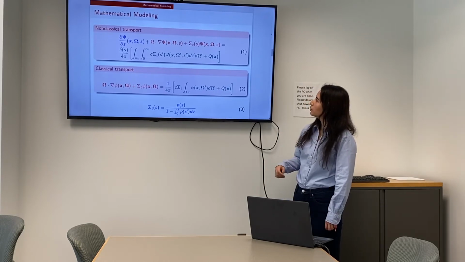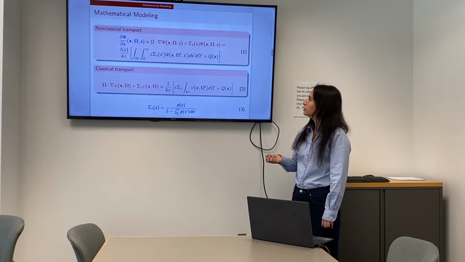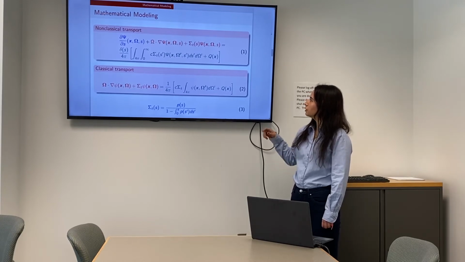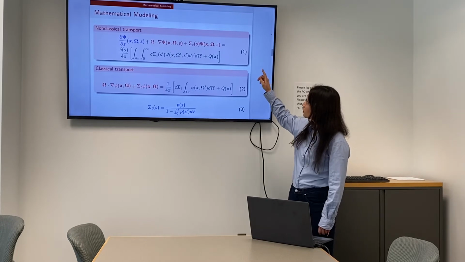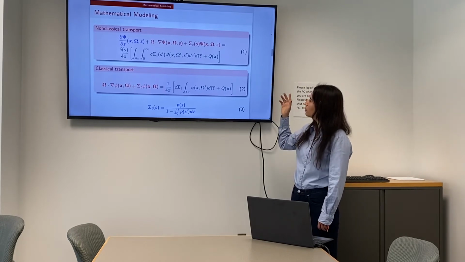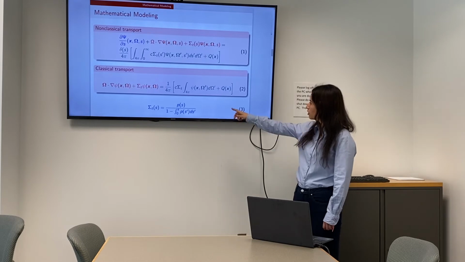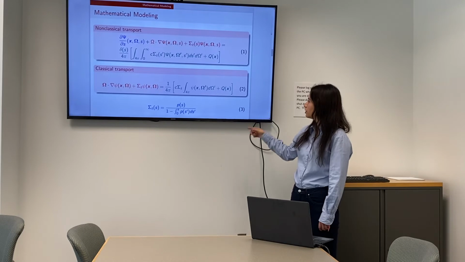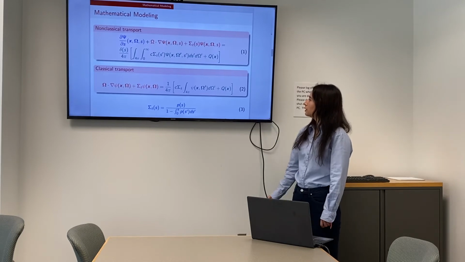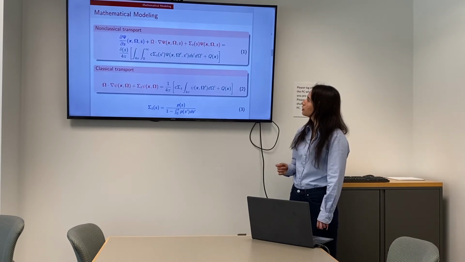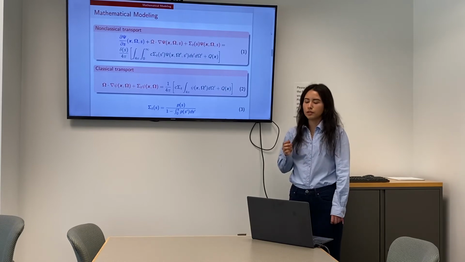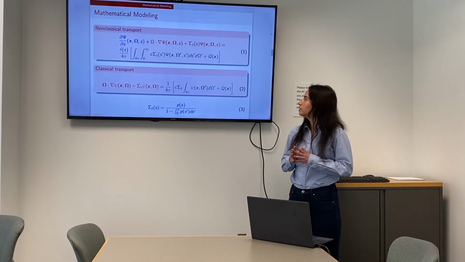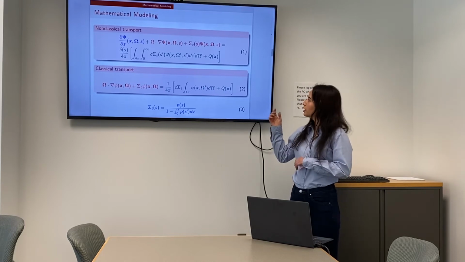In the non-classical transport, the distance between collisions, that is S, is a variable of the problem, and macroscopic cross-section depends on S and P of S, which is a distribution function. And in non-classical transport, the centers of scattering are correlated, and in classical they are uncorrelated.